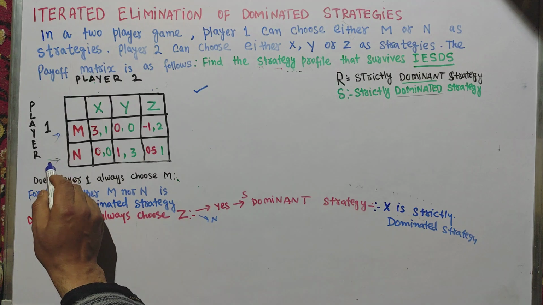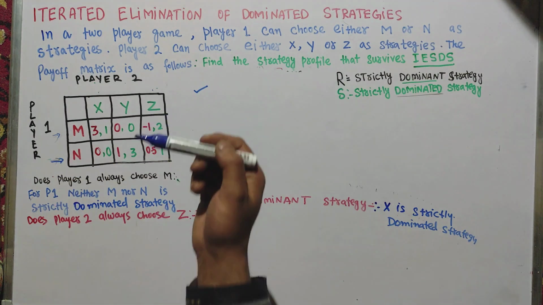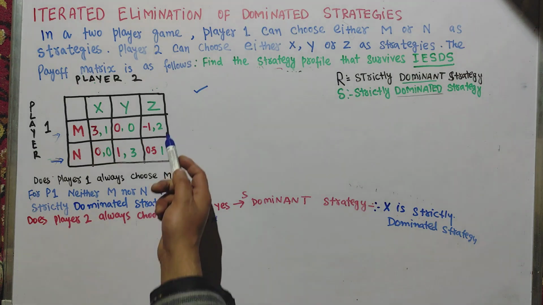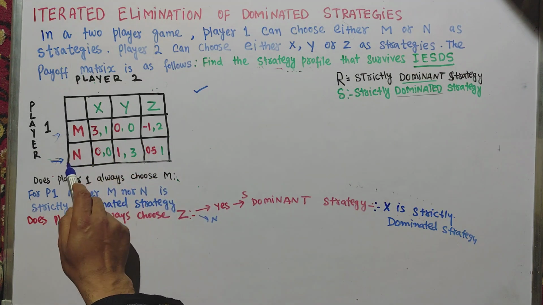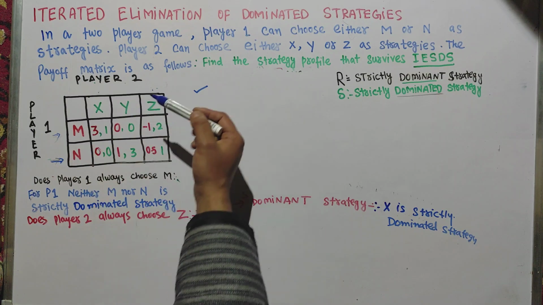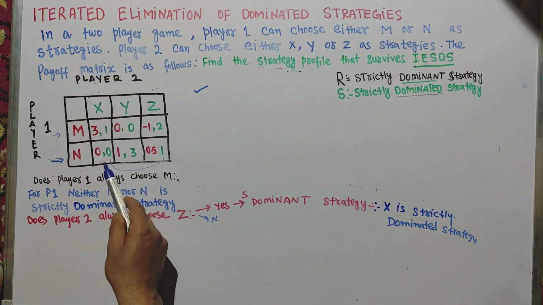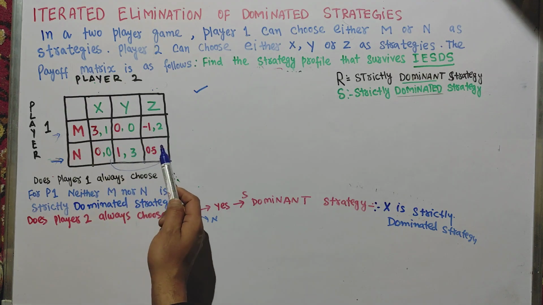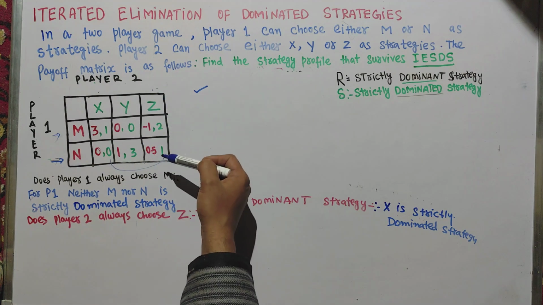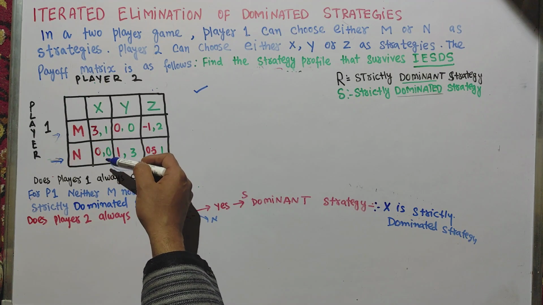Now what happens when player 1 chooses N? Does player 2 always choose Z here again? Let us see. When player 1 chooses N, we have to compare these two things. Again, for player 2, it is better to play Z because Z gives him 1 payoff, X gives him 0 payoff.